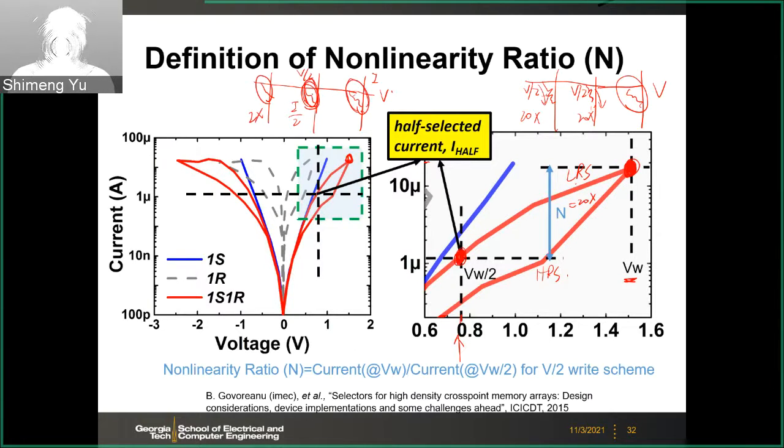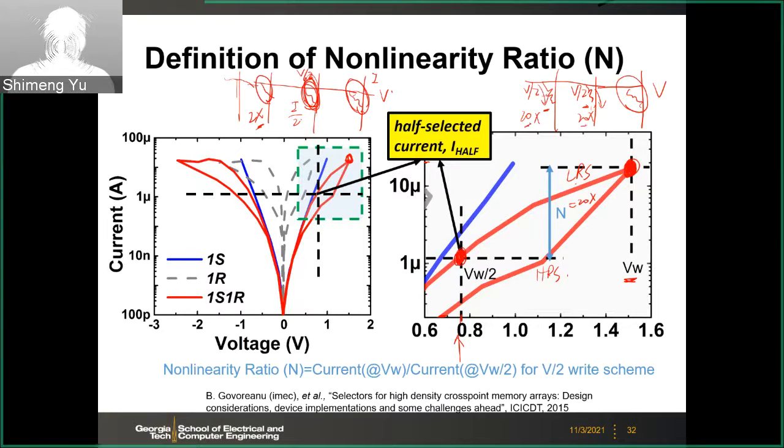And then if you have half the voltage across those half selected cells, you have half current. Half current actually is a lot if you consider you have many of those half selected cells. And here, with this selector's help, we reduce the current of those half selected cells by 20x instead of 2x, in this example.